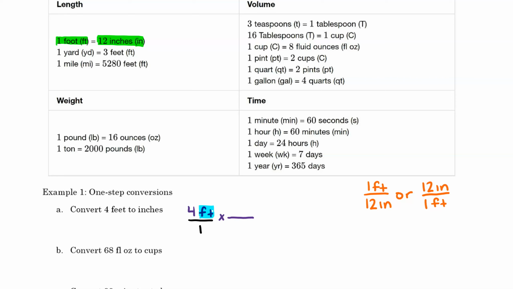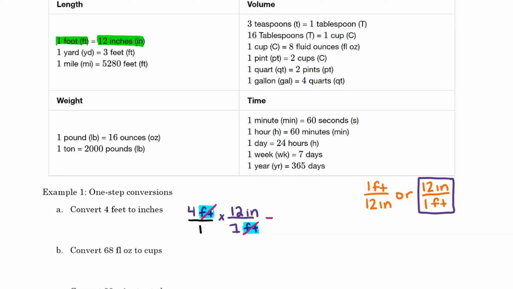So I'm going to use 12 inches on top and 1 foot on bottom, because when I put 1 foot on bottom, now we have matching units, feet on bottom, feet on top. Those units will cancel out. So let me write the rest of that, 12 inches. Now I can cancel feet with feet.